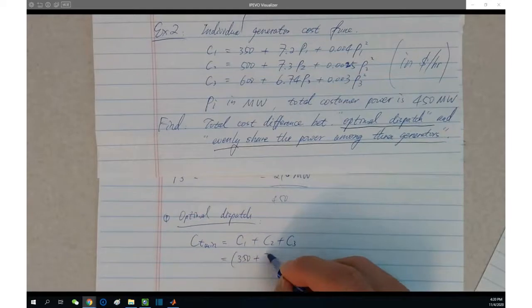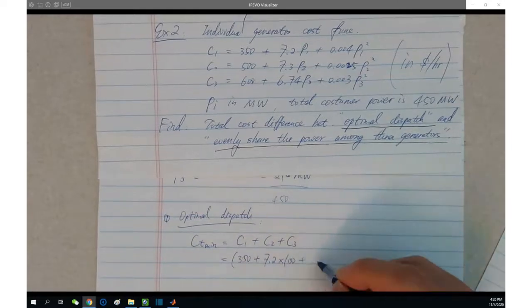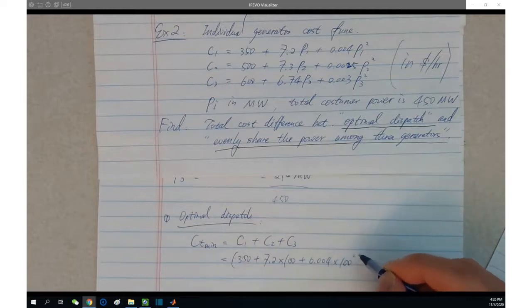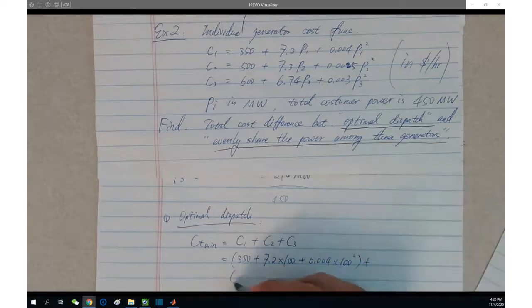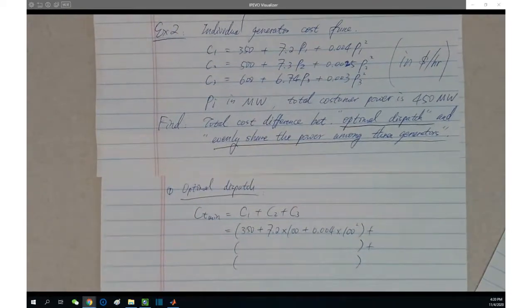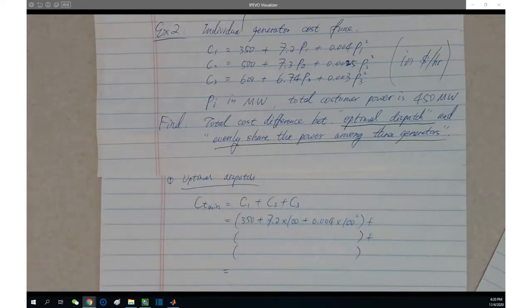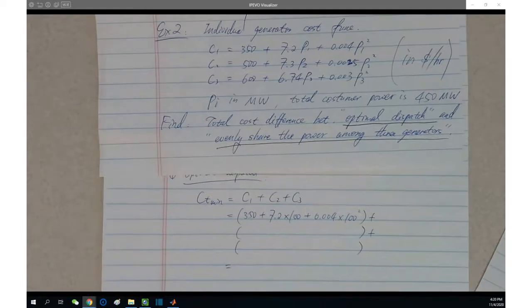350 plus 7.2 times p1, which is 100, plus 0.004 times 100 squared, right? Plus, similarly, do the rest of 2. And yep, I got exactly the same value as Noah did.